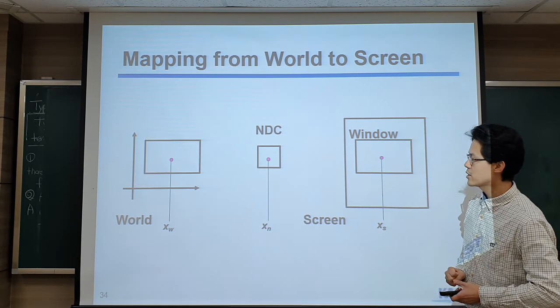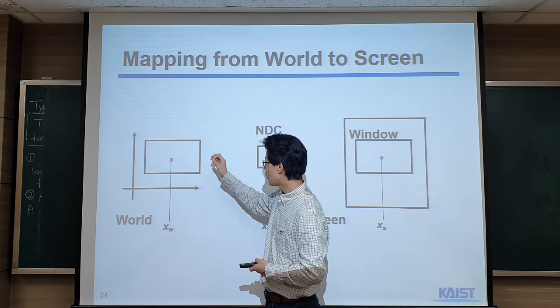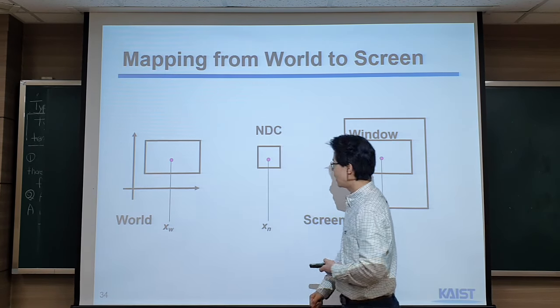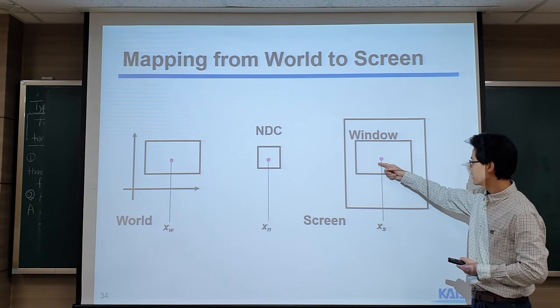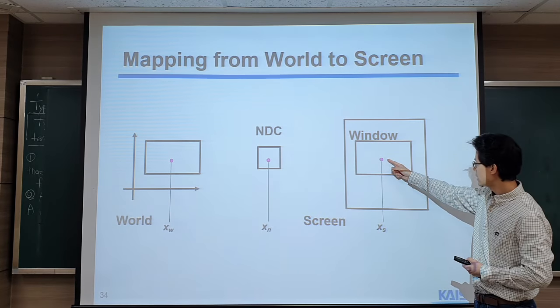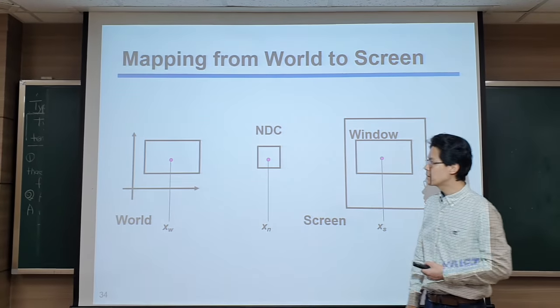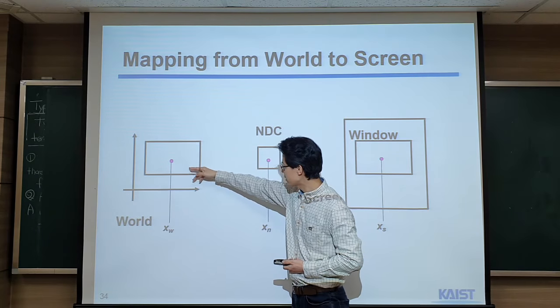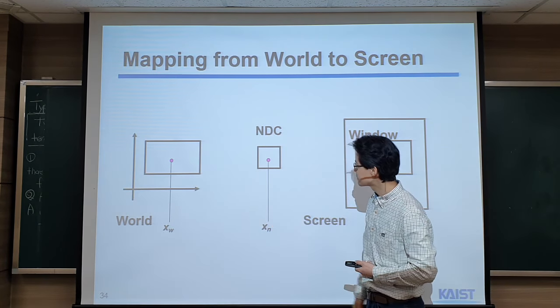And our question is that in the example fractal case, we can find the world coordinate here, let's say x w, but in the end we need to compute the screen space coordinate here, right? So let's say that's x s. And from the world to screen space we go through this NDC, so corresponding to x w, we can define the corresponding coordinate, say x n.